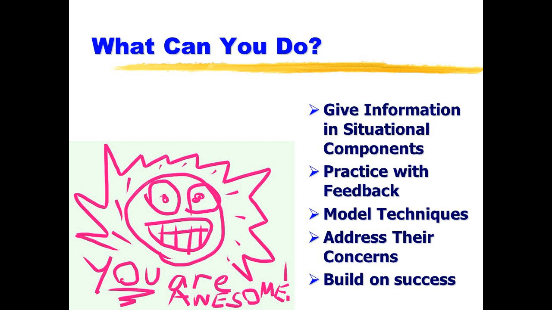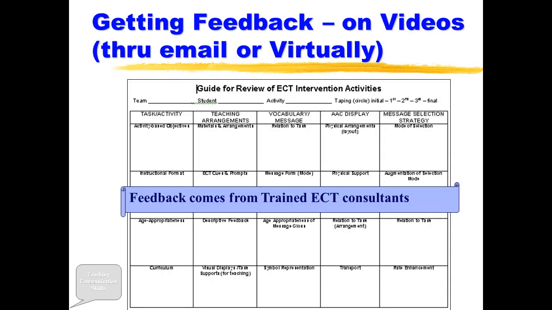For those of you that are doing professional development, address the concerns of the individuals you're working with based upon the activities that they're doing, and build upon their success. In ECT, the ECT trainers have a guide for review that's based upon the intervention within activities that we're trained to give feedback on.